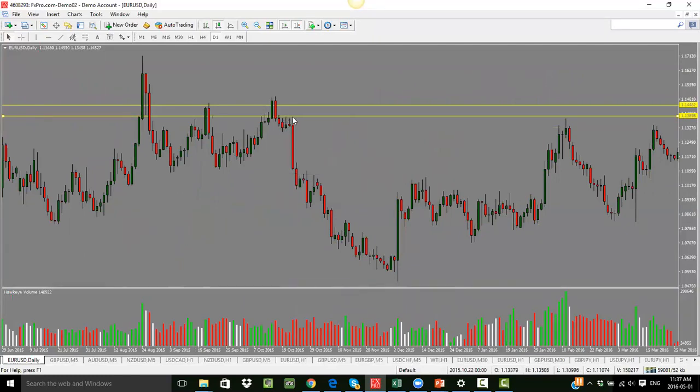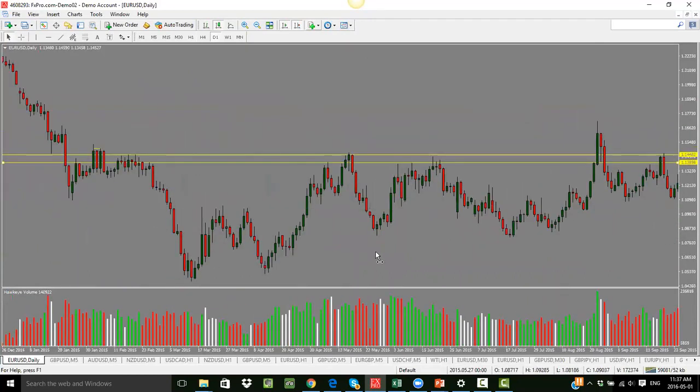One, two, three, four times it tested this level, gives us a pin bar, and a nice drop in that case. If you see multiple pins like this, I like that, just not ones in opposite directions. I like the ones that confirm the direction I'm thinking of taking the trade in.